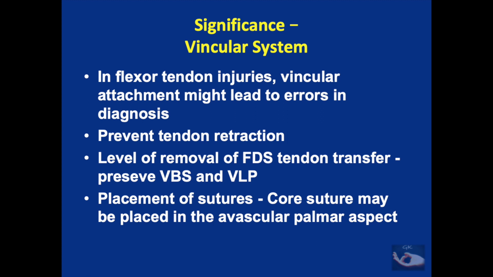Apart from supplying blood to the flexor tendons, the significance of the vincular system is that in flexor tendon injuries, the vincular attachment might lead to errors in diagnosis because there may be some movement. These attachments may prevent tendon retraction after injury, and the level of the removal of flexor digitorum superficialis tendon for transfer must be done to preserve the vincular system, and the placement of sutures should be done on the avascular palmar aspect.